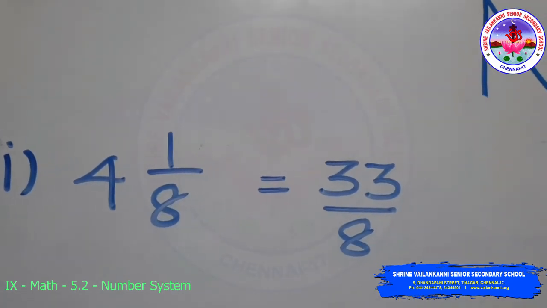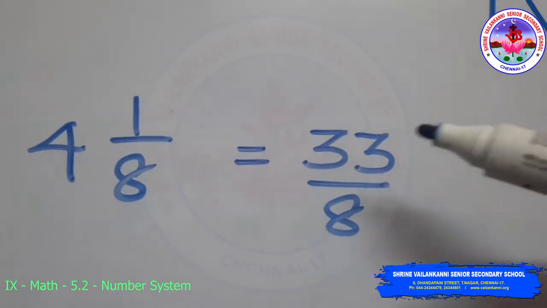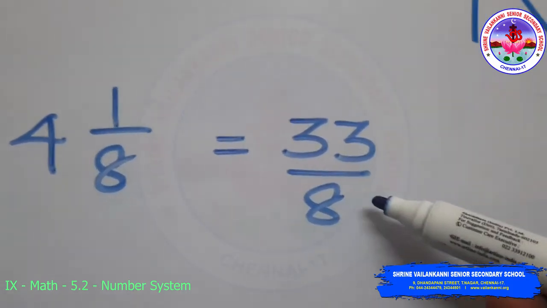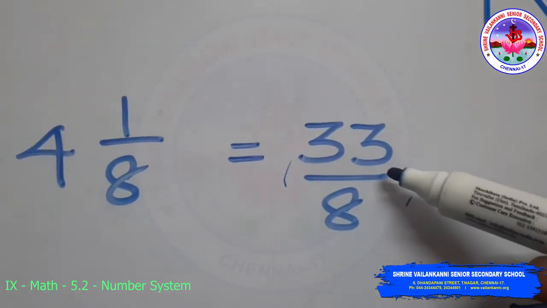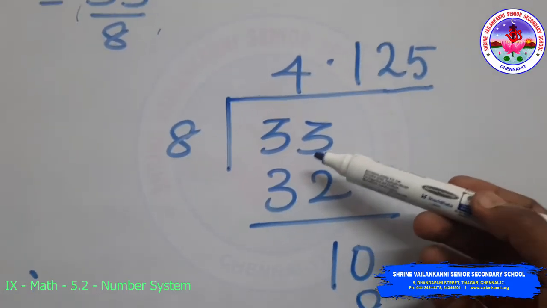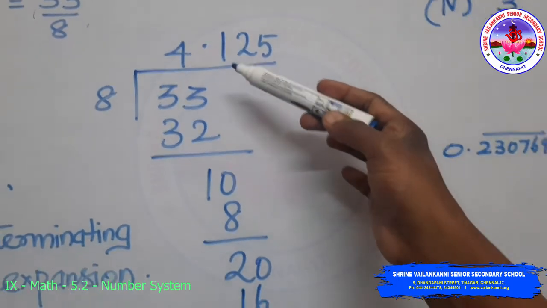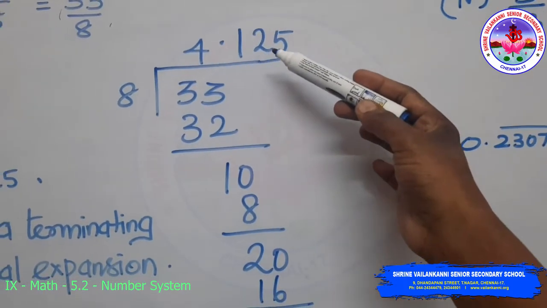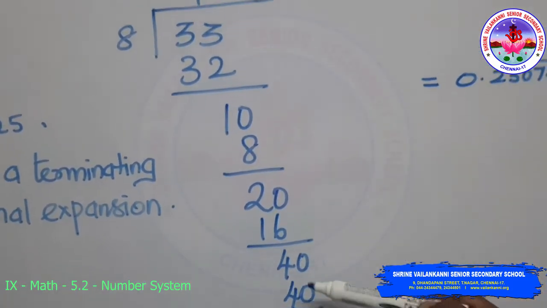To the third problem, it is given as the mixed fraction 4 1 by 8. Converting the mixed fraction into improper, I will be getting 33 by 8. We want to find out what type of decimal expansion this fraction has. So now I am dividing 33 by 8. I will be getting 4.125 where the remainder gets 0.